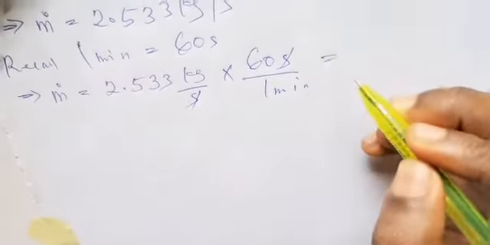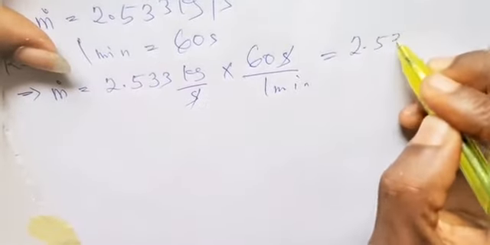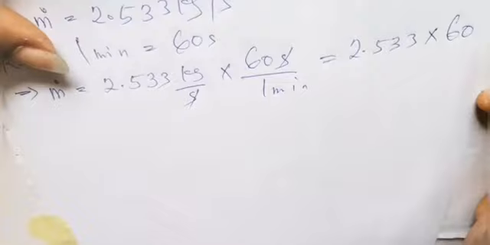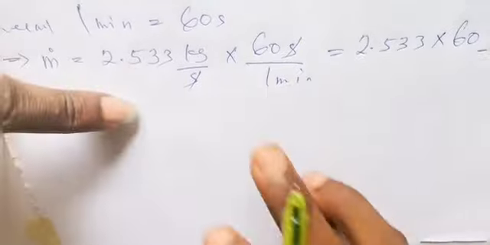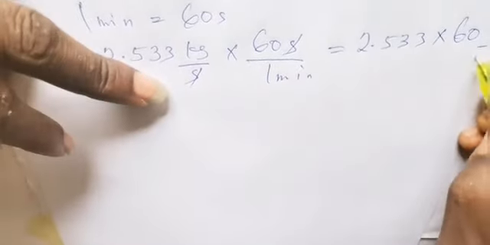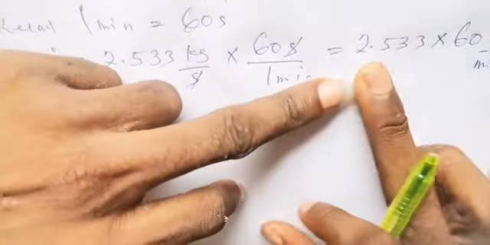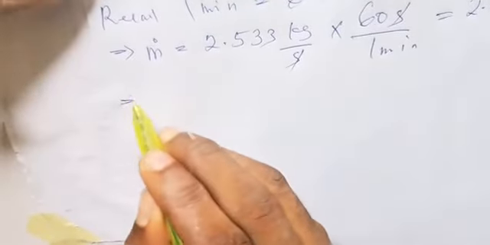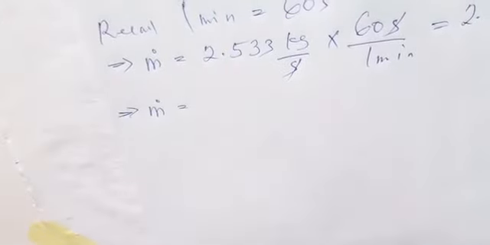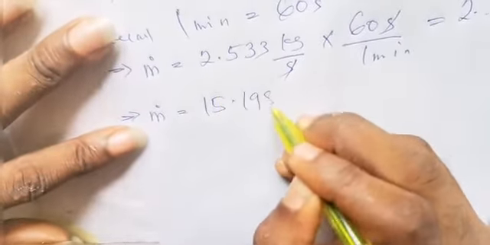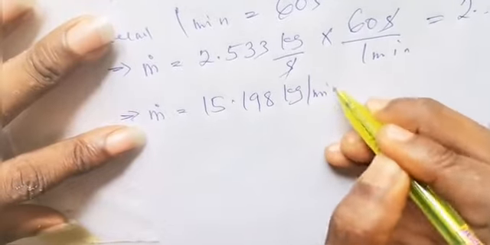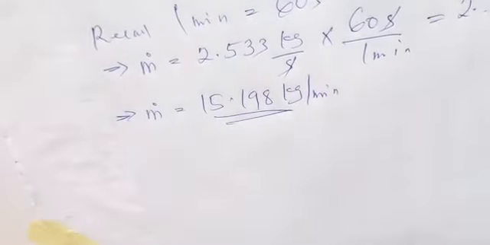So this is 2.533 multiplied by 60. Remember your units, kilograms all over 1 minute. So we simply compute 2.533 multiplied by 60, and that gives us 15.198 kilograms per minute. So this is the first question answered. That's the mass flow rate in kilograms per minute.